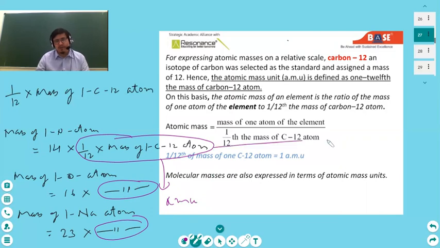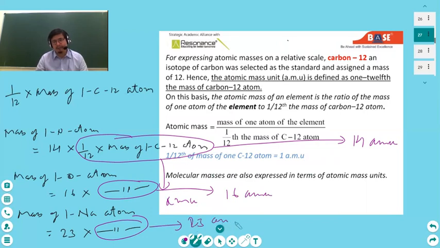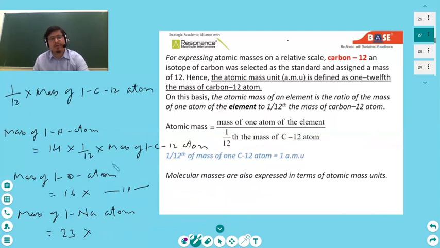So from here onwards, the mass of 1 nitrogen atom is written as 14 AMU, here 16 AMU, and here 23 AMU. So AMU is 1 by 12 of the mass of 1 carbon 12 atom, and this is the smaller unit of atomic mass.